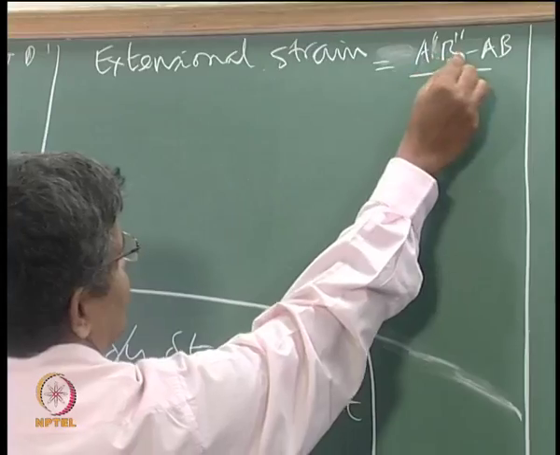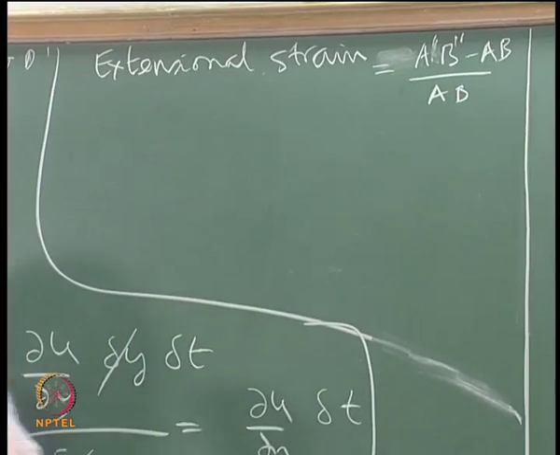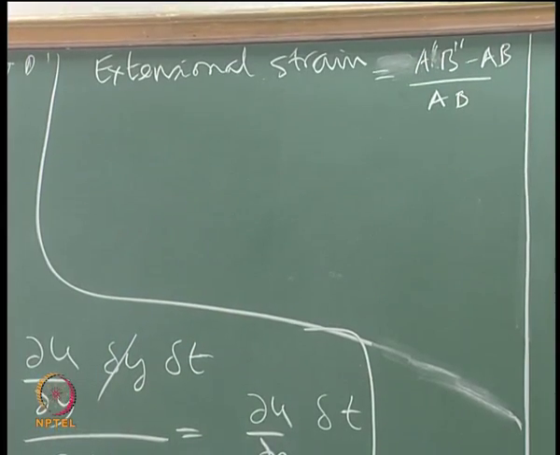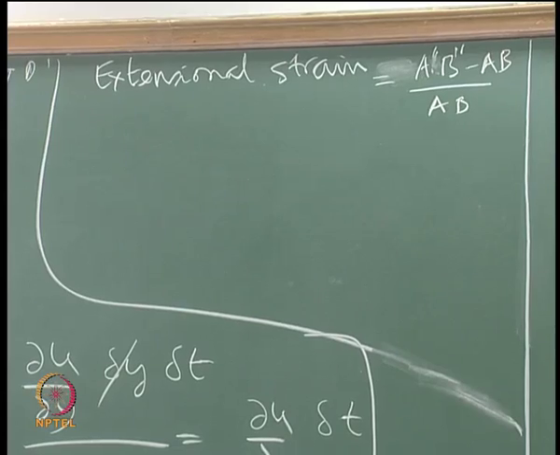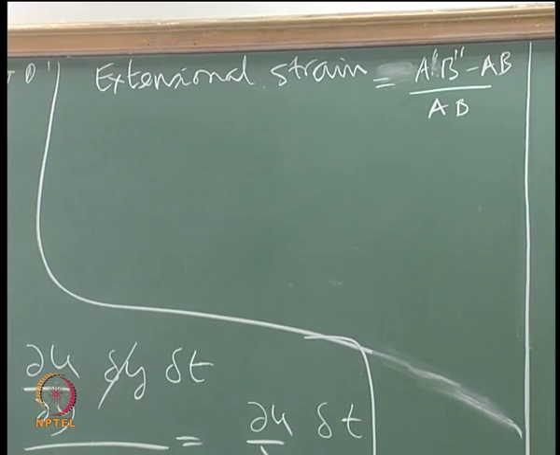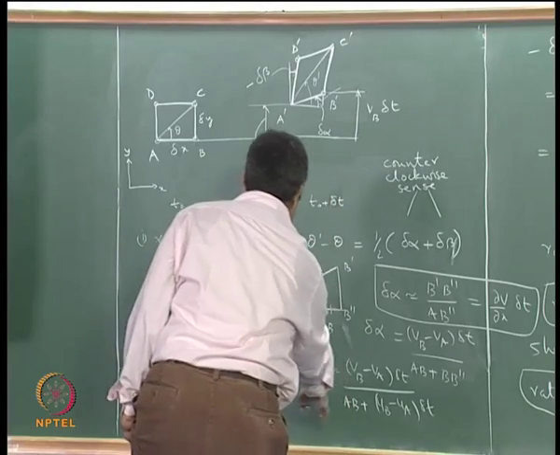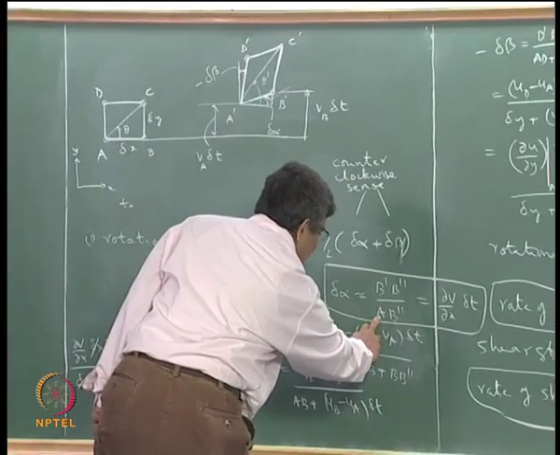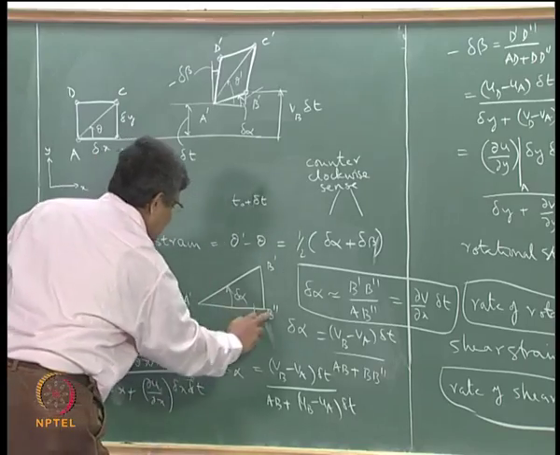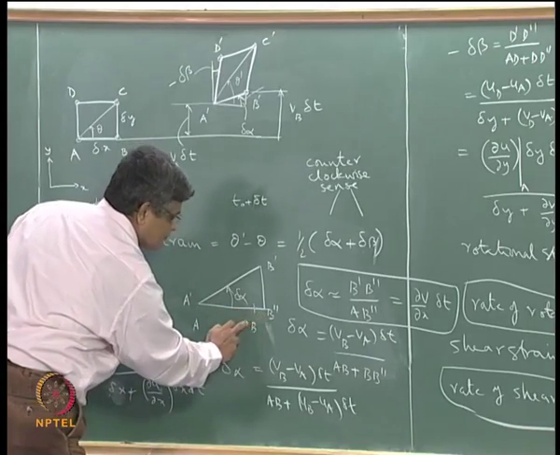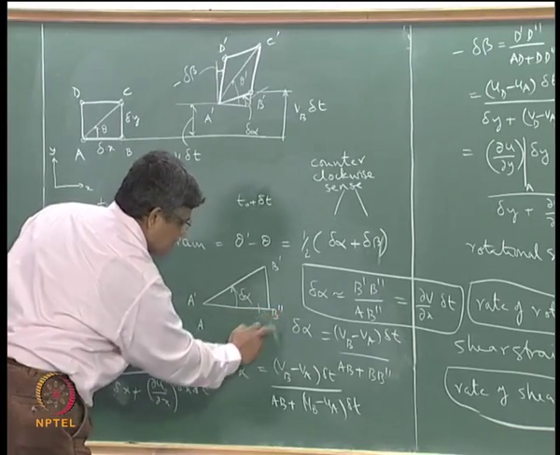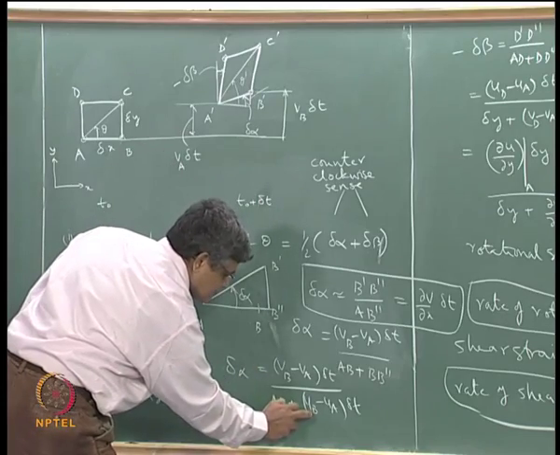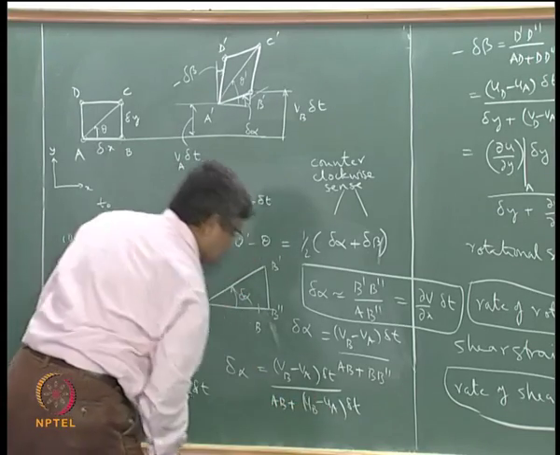So this particular thing we have already evaluated. This ab double prime here is ab plus bb prime and bb double prime, and bb double prime was what we said as ub minus ua times delta t.